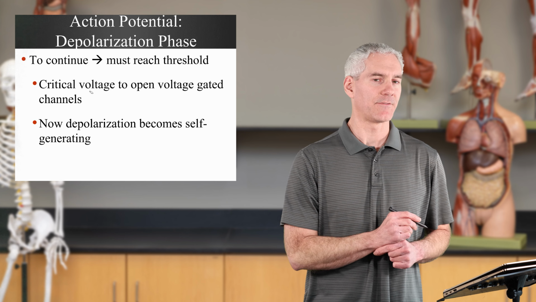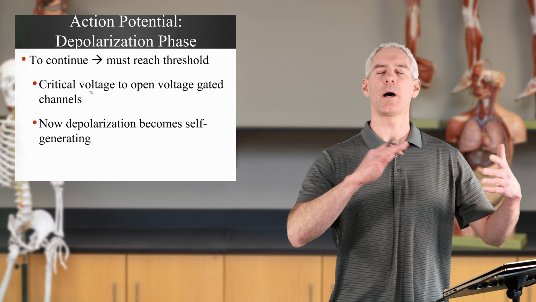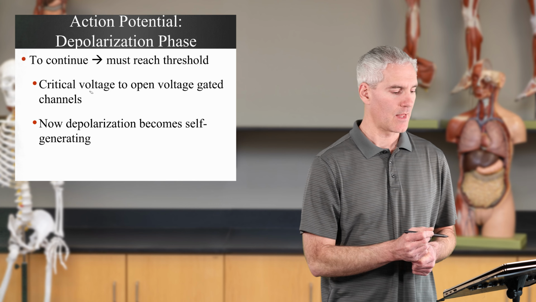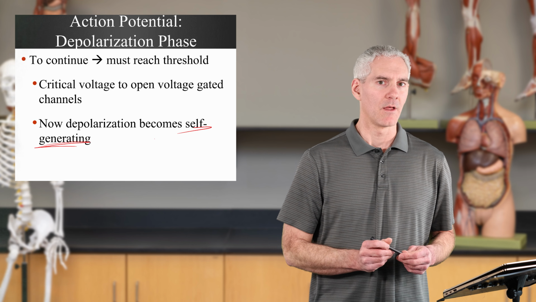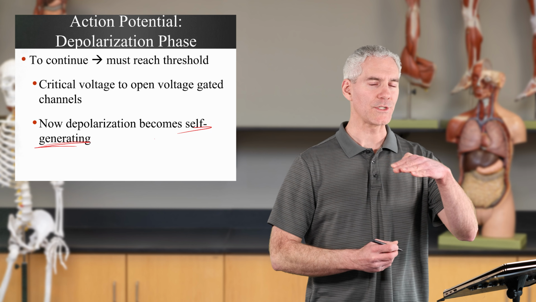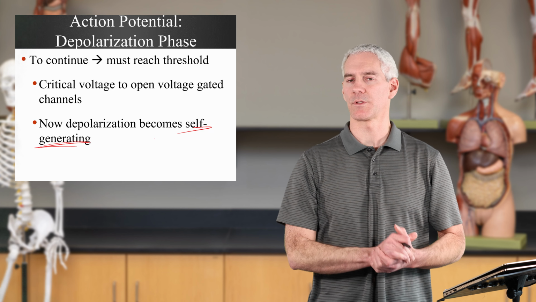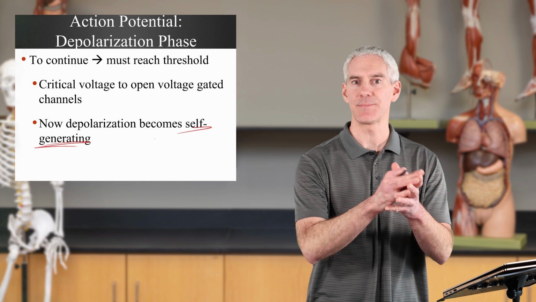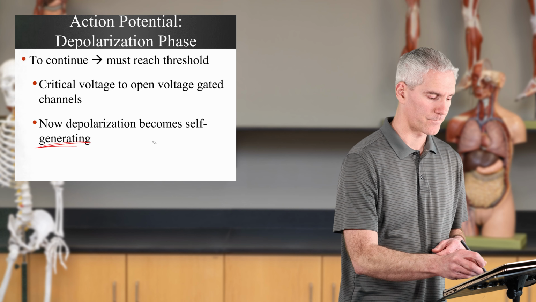By reaching negative 55 millivolts, now you simply open up the voltage regulated sodium channels. This becomes self-generating. Once you've hit threshold, the voltage regulated sodium channels open, and it becomes self-guiding, self-regulating. It just keeps on going down the neuron, down the muscle for that matter.